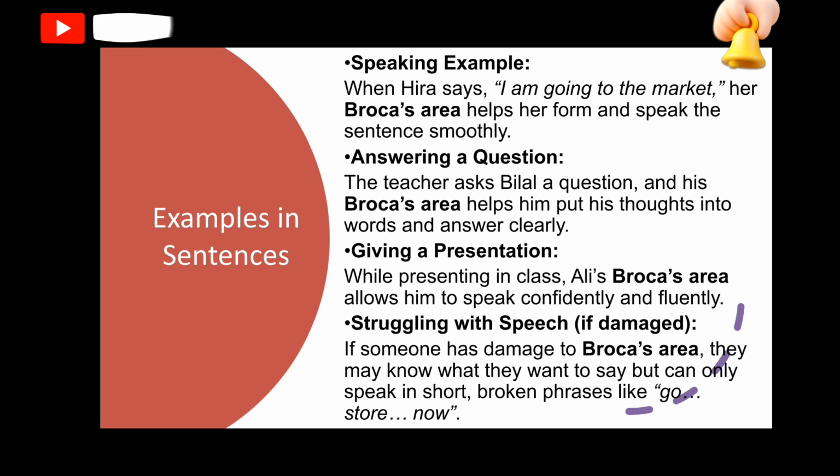They have in their mind that they want to say this. But what is the problem? Because Broca's area is damaged, they will produce short phrases and words, like "go, stow, now." They won't produce complete sentences, right? So the issue is with Broca's area.